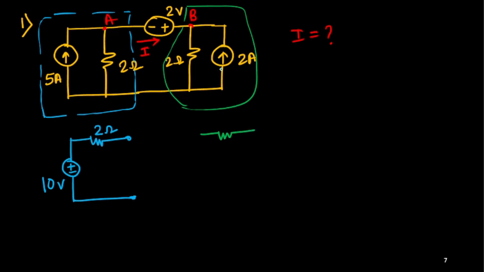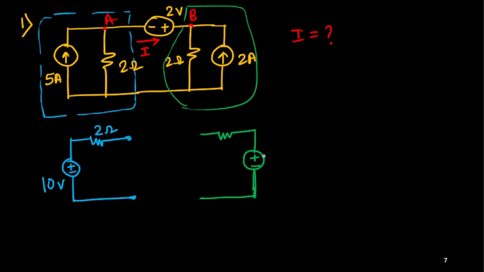Now you can see the current is upward. The direction is important. If the current direction is upward, the upper plate is positive. So here also, the upper plate will be positive and this is negative. Okay, so these will be the equivalent voltage sources.